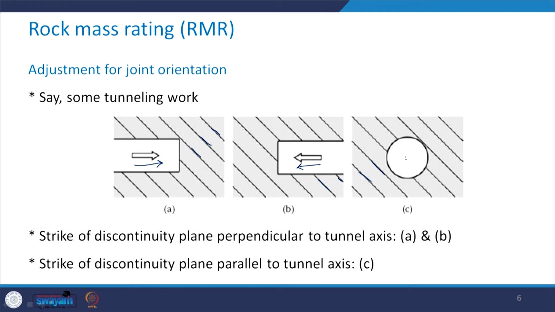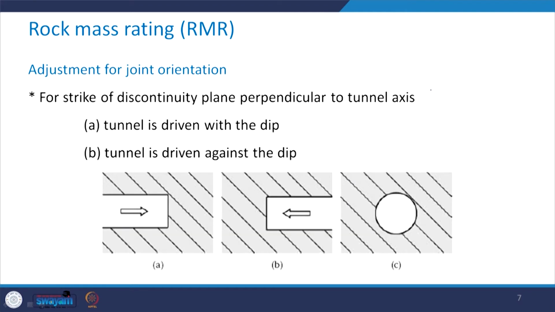So what does that mean? That in A and B, in these 2 cases, the strike of the discontinuity plane is perpendicular to the tunnel axis. However, in case C, the strike of the discontinuity plane is parallel to the tunnel axis. How to decide which one is favorable and which one is not?